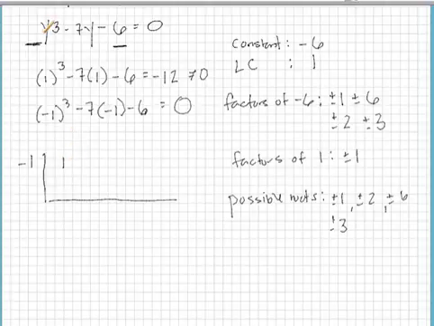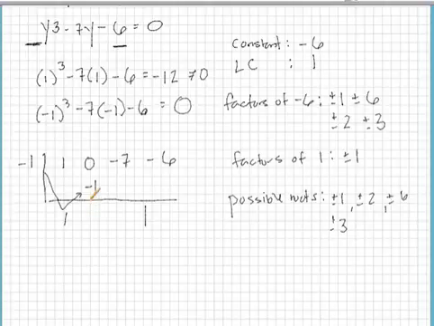So I'm going to input this as 1y cubed plus 0 y squared, I need that placeholder, minus 7y minus 6. I'm going to drop down this term, multiply these two terms, and put the product up here. Negative 1 times 1 is negative 1. That goes up here.